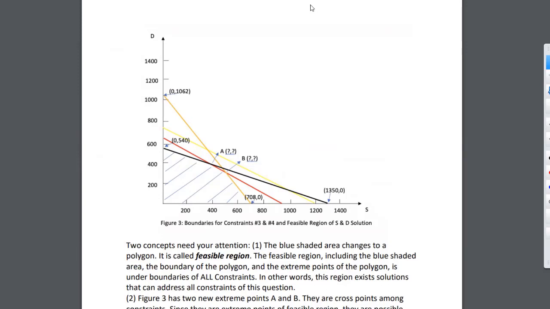Since we talk about the extreme scenarios, it's always equations, not inequalities, right? How many unknowns do we have? 2 unknowns. How many equations do we have? 2 equations. 2 unknowns, 2 equations. According to very basic algebra, we can find the values for the 2 unknowns. That will be the values for A and B.